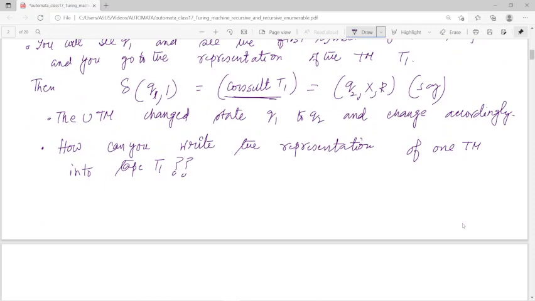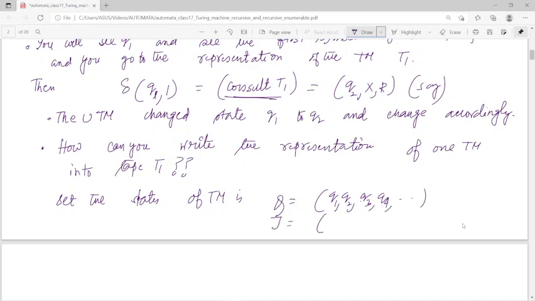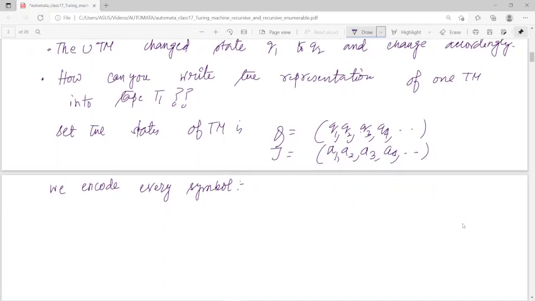Suppose we take any Turing machine, and the set of states of the Turing machine is q1, q2, q3, q4, and the input symbols are a1, a2, a3, a4, and so on. So we encode every symbol.